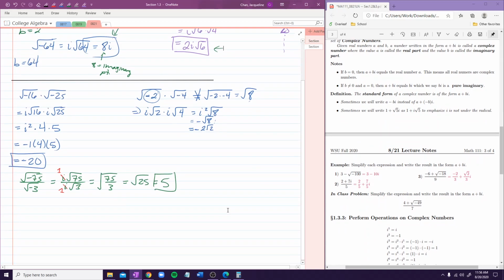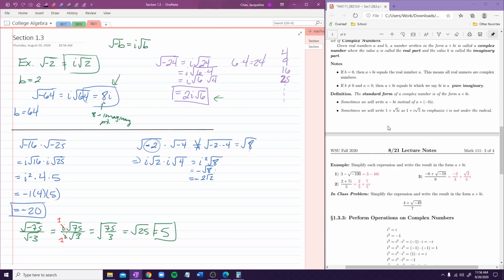Right? So the standard form of a complex number is a plus bi. Sometimes we will write a minus bi instead of a plus a negative b times i. And another thing, I really want to emphasize this.